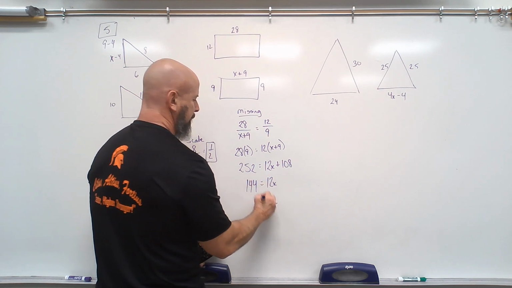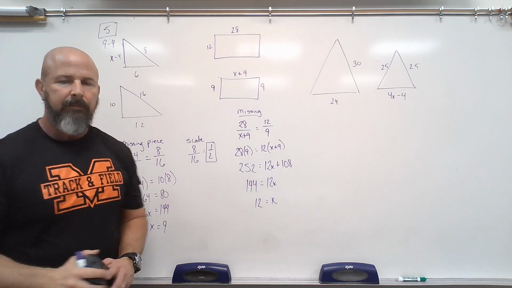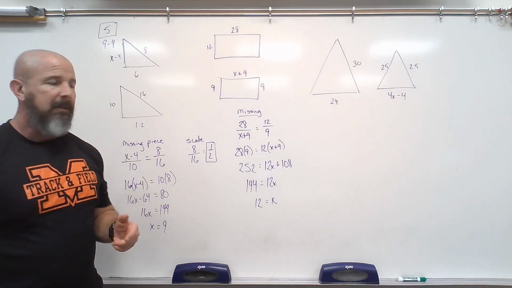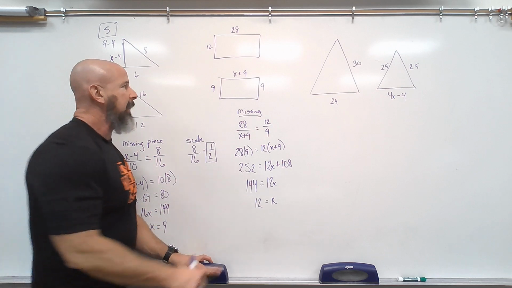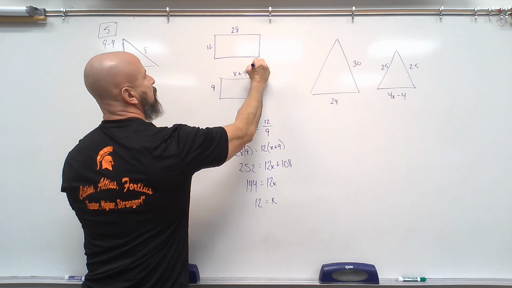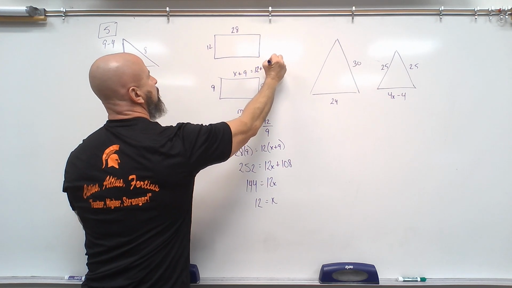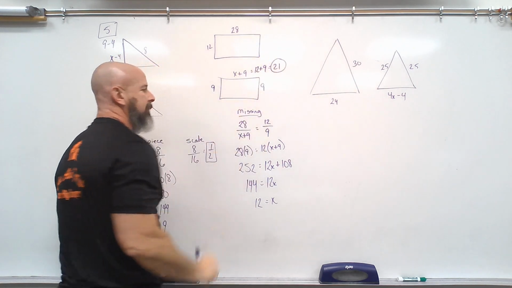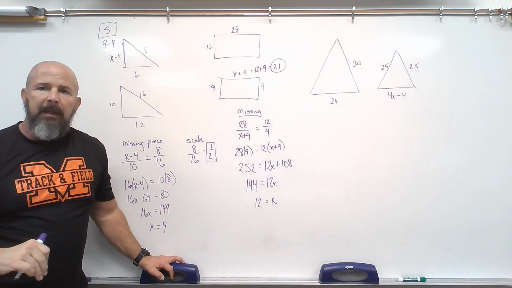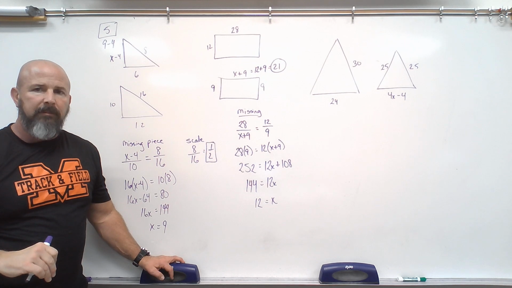Divide by 12, x is 12. X is 12. Remember, that's not the missing piece. The missing piece was actually x plus 9. So this would be 12 plus 9, which is 21. There's the missing piece. I have my x value, substitute my x back in, I'll get that 21.